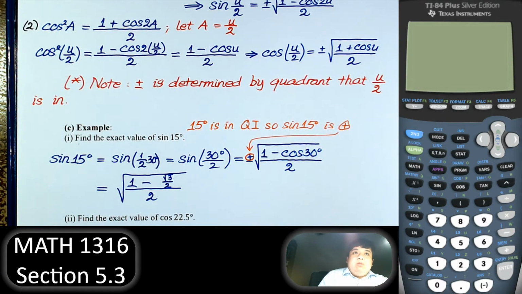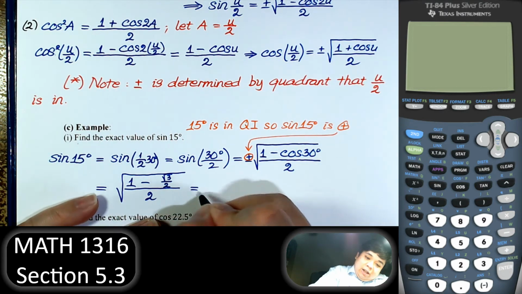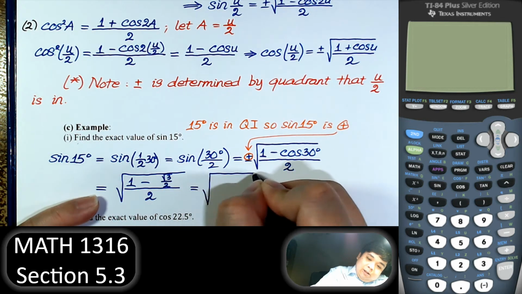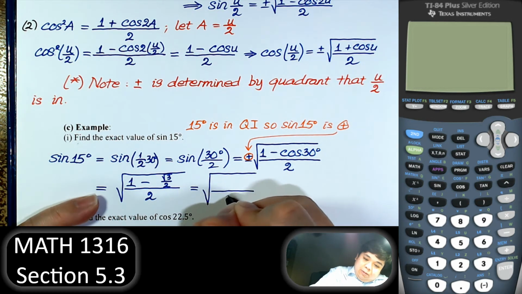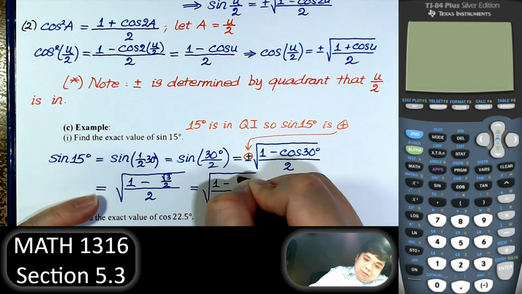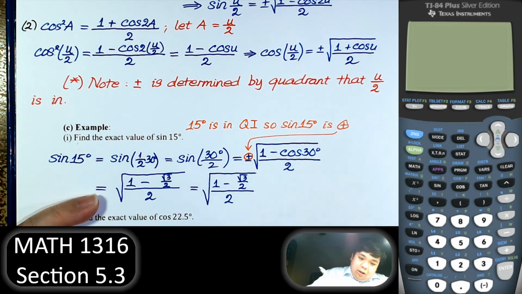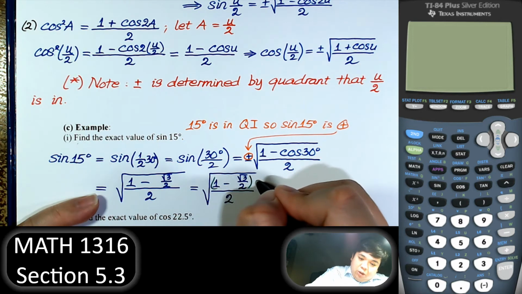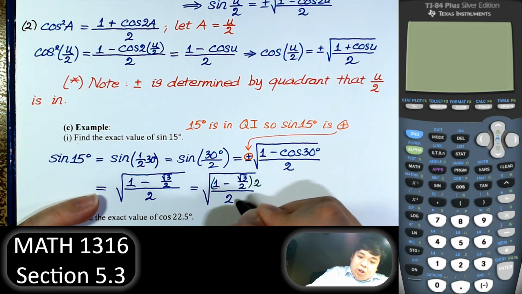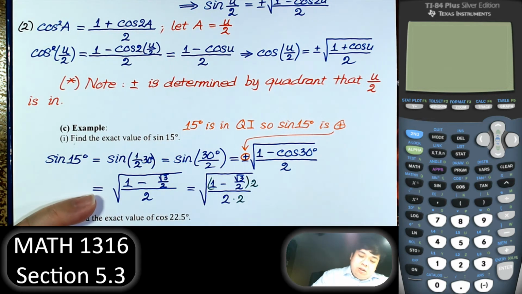Now, if we want to simplify this, we can multiply top and bottom by 2, just to get rid of the 2 at the denominator.